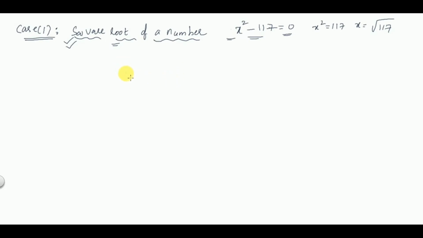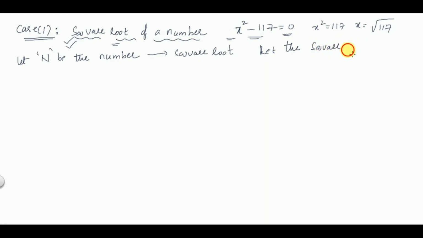In order to explain the concept and derive the formula, let n be the number for which we are going to find the square root, and let the square root of n be x.